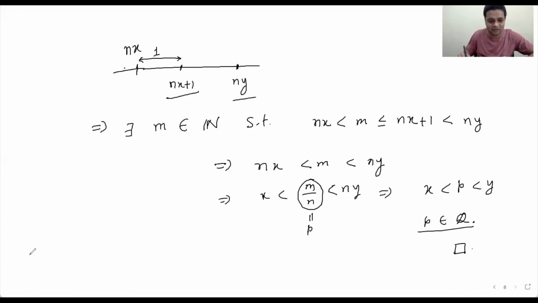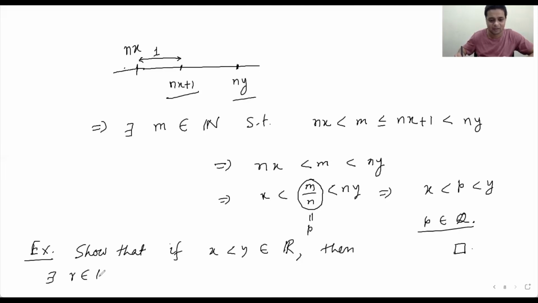Before we stop, we have an exercise. Show that if x is less than y in the set of all reals, then there exists some r belonging to R minus Q, that is, Q complement.